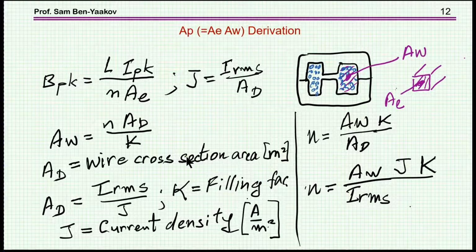A Litz wire will have a small K because the packing is smaller. So this takes into account the filling factor of the winding within this window.